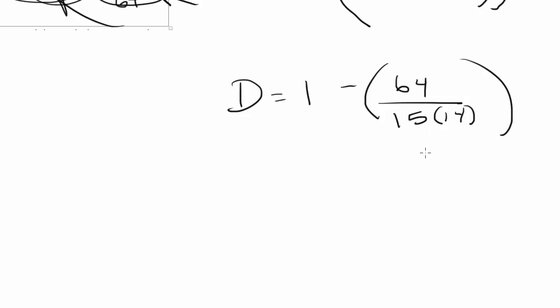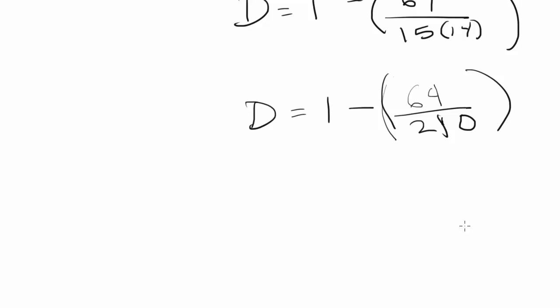Feel free to use your calculators on this particular assignment. We have D equals 1 minus, and in my calculator I'm going to go 15 times 14, and I get 210. So we're going to end up with 64 divided by 210, 0.30476, and so on.